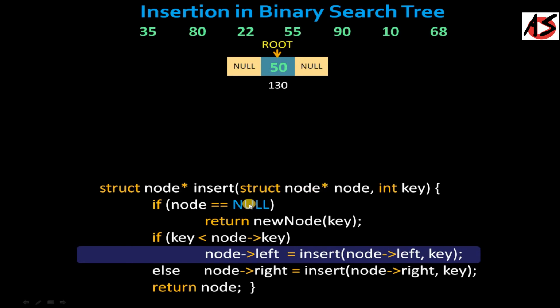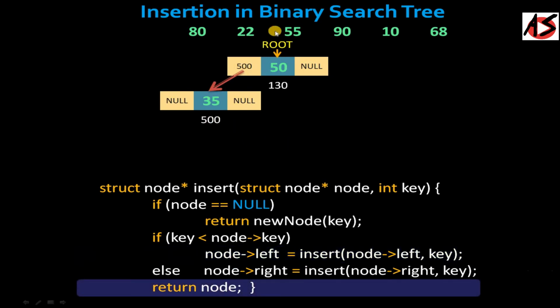So this condition becomes true and you are returning the new node with key 35. And that new node you are inserting at node left. So initially your node was root. So on the root left, you are inserting the new node with the key 35. And then you are returning the node that is ultimately your root node.